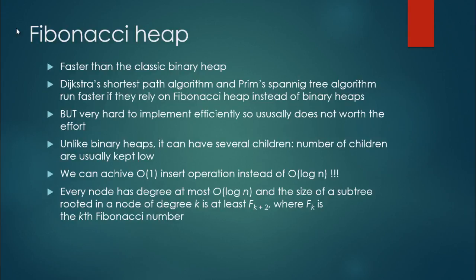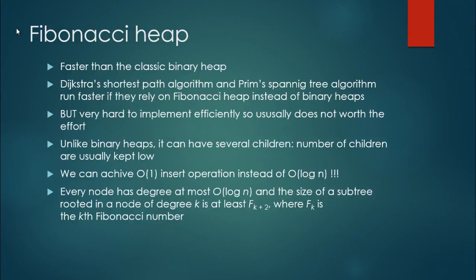The number of children is usually kept low. In a binary heap, each parent node has a left and a right child, but in a Fibonacci heap, it can have several children. So we can achieve O(1), constant time complexity insertion, instead of the logarithmic time. So it will be faster than our binary heap.